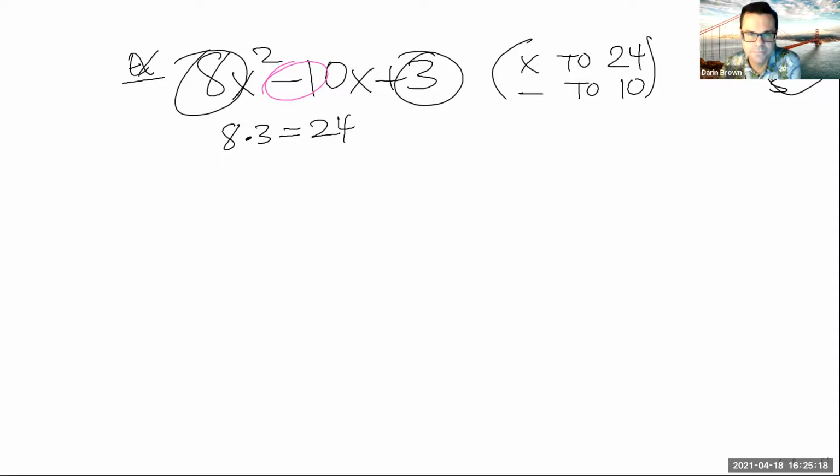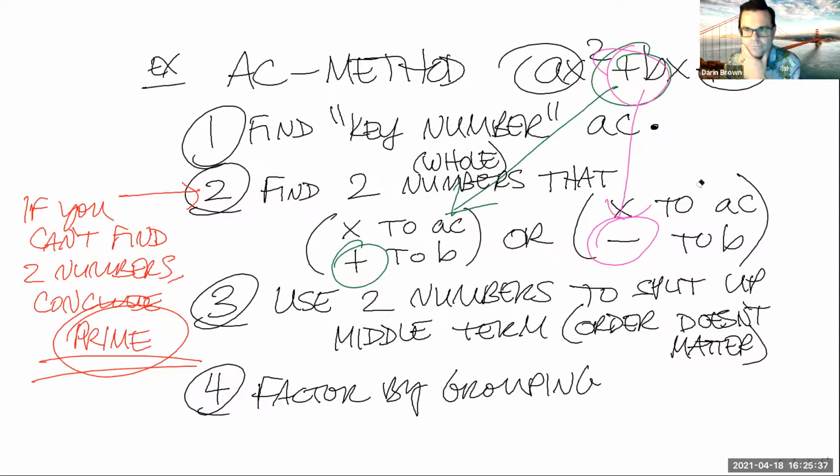Sorry. Let me back up. It's not the second one you're looking at. It is this one. Remember I went here. I'm sorry, I circled the wrong one. Dang it.